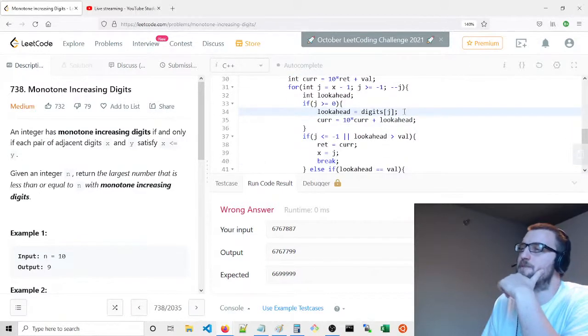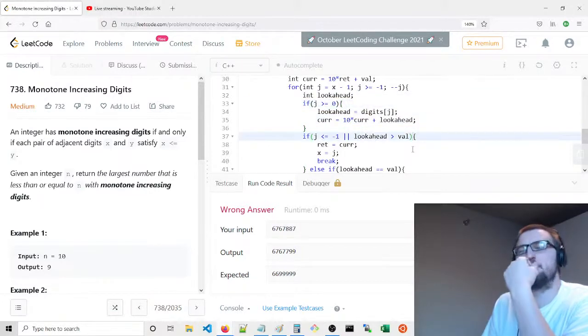Can you take all the way up to that digit, including that digit? I think that's part of the problem here. I think you don't include that digit when you see this greater than value.